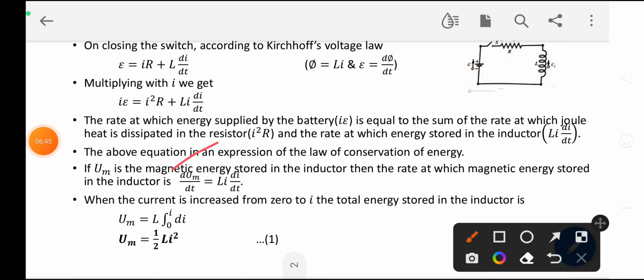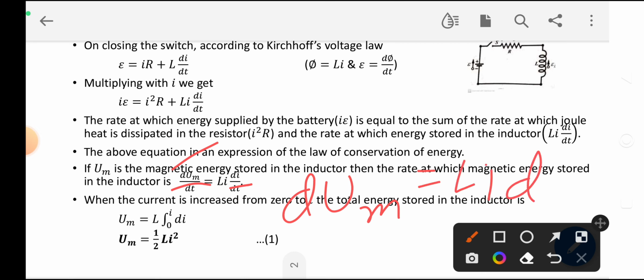And so, integrate. Here dt cancels. What do you get finally after cancelling? dU_M is equal to L i di only, you can get it from this. So integrating on both sides, integration and differentiation cancel, but on this side integration and differentiation never cancel. Why? Because certain limit values are there.